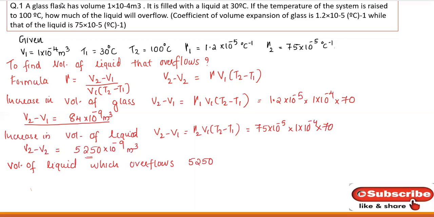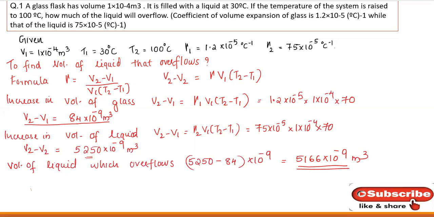That is 5,250 minus 84, into 10^-9. 10^-9 is common in both. On subtracting this, we will get 5,166 × 10^-9 m³. This is the volume of liquid which overflows.